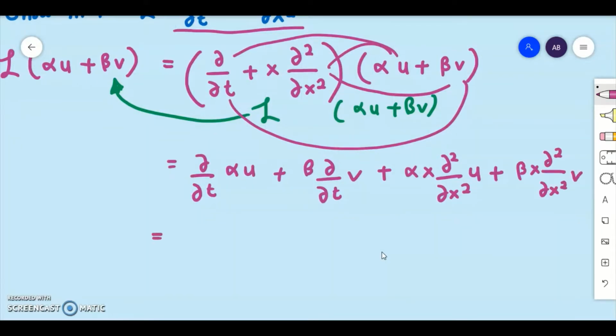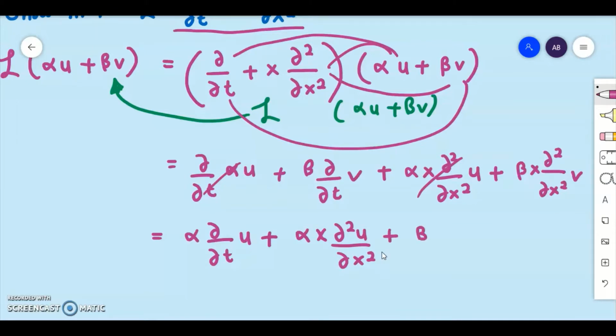Writing it properly now, I collect all the alpha terms: alpha partial u over partial t plus alpha x partial squared u over partial x squared, plus beta partial v over partial t plus beta x partial squared v over partial x squared.